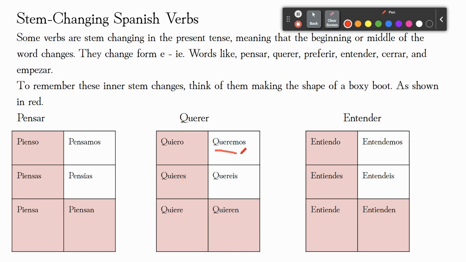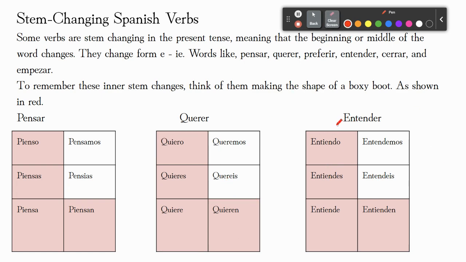In the nosotros form, the entire thing stays the same, and the same ending rule applies, MOS. The E in the middle does not change. Then queréis is the vosotros form. Nothing changes because it's outside the boot. And then quieren is the ellos, ellas, ustedes form; the middle changes because it's inside the boot. Anything inside the boot has a stem change.